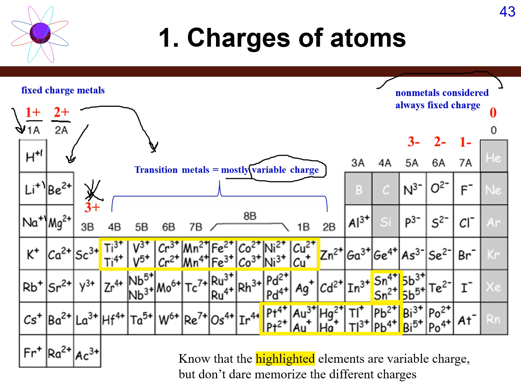That means they can form more than one cation. For example, if we look at iron, iron can form a +2 cation or a +3 cation. Now you don't need to memorize +2 or +3. You just need to know everything in yellow, all these elements, manganese, iron, cobalt, so forth. Those are variable charge metals. Don't memorize the actual charges, just know they can form different charges because that'll be important later.